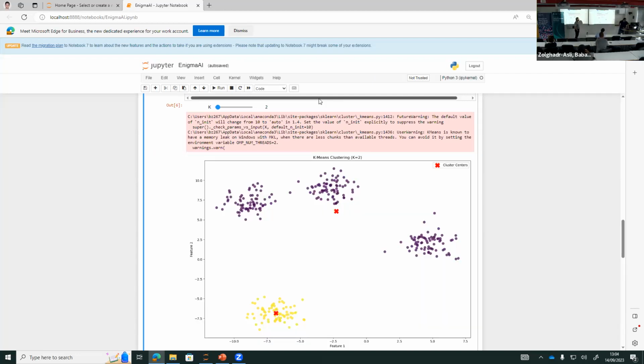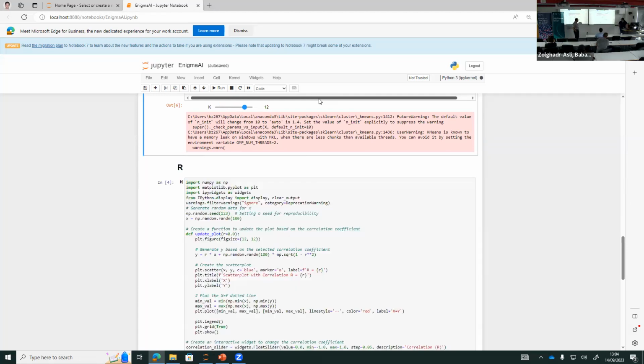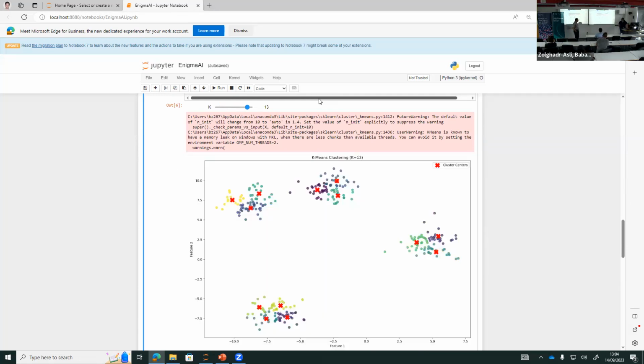Then 2 clusters, and going forward, 3 clusters, 4 clusters, 5 clusters, 6, 7, 8, 9, 10, 11, 12, anything.